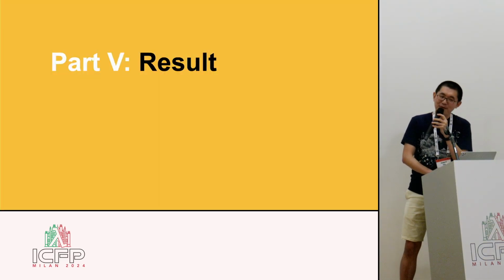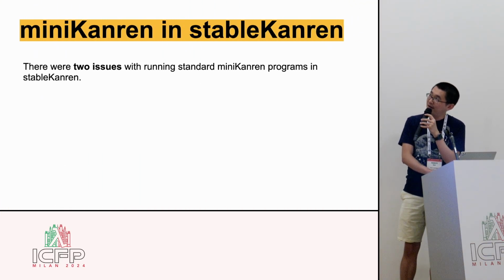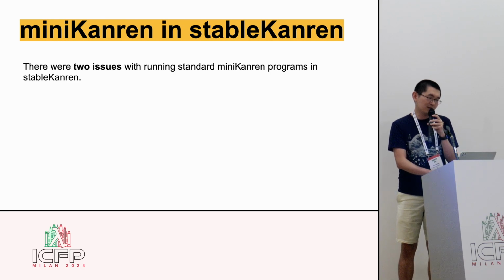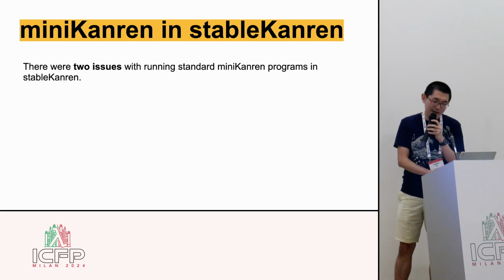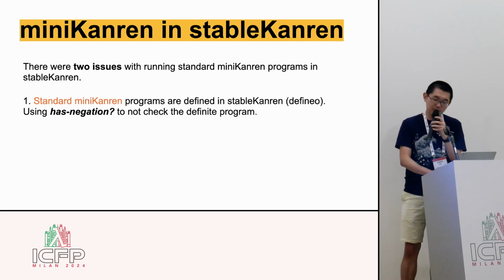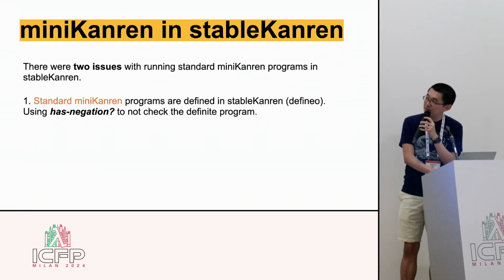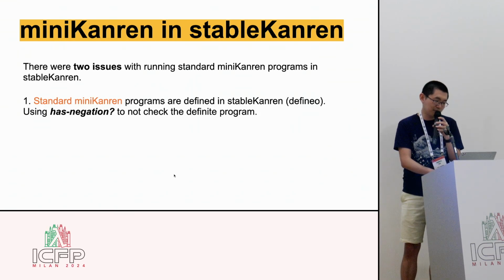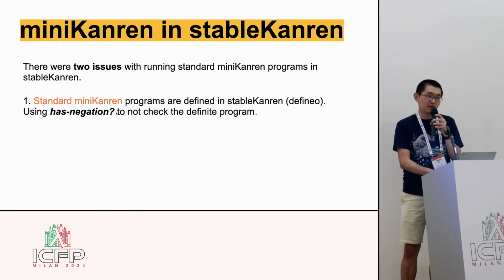So simple solutions, two simple solutions. Now we improve the backward compatibility with miniKanren in stableKanren. As a quick recap, previously we had two issues. The first one is a standard program defined using the stableKanren defineo macro. Right now, we only use has-negation? to filter these out.